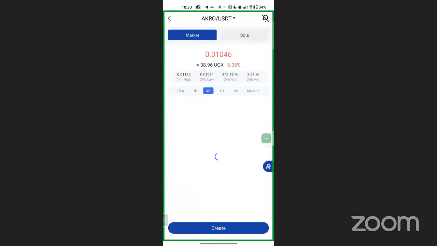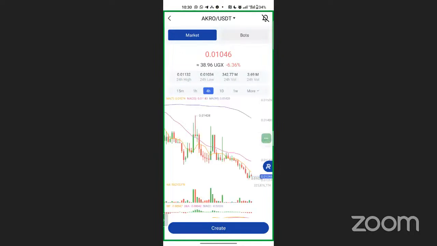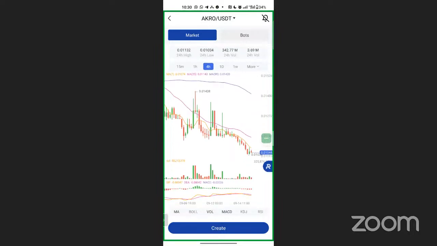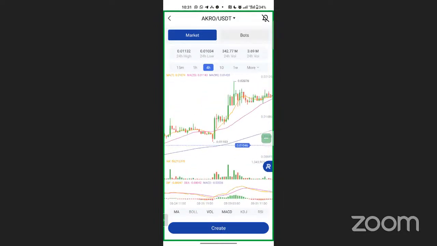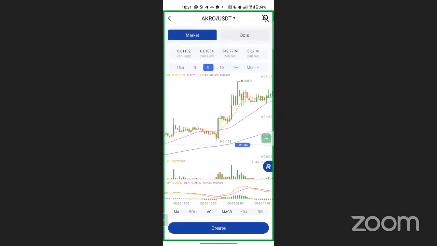If you want to pick the most negative coin, like Acro, you tap on Acro. Acro must fulfill the following factors for you to pick Acro as a signal. I will make sure that I make those clear.